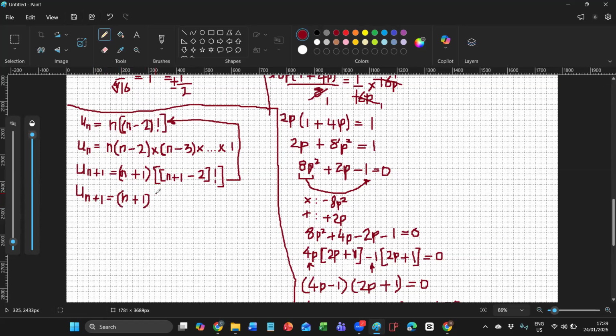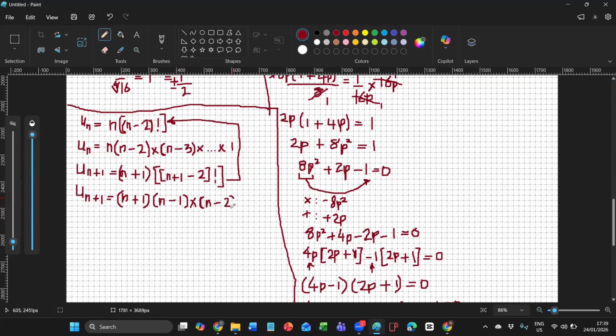And now, n plus 1 minus 2 is the same thing as n minus 1, and n minus 1 factorial will be n minus 1 times n minus 2, because minus 1 minus 1 will be minus 2, isn't it?